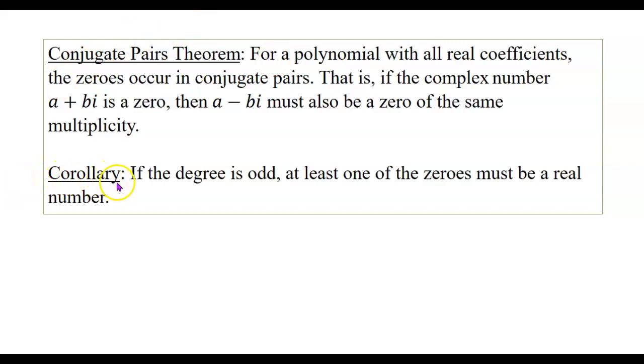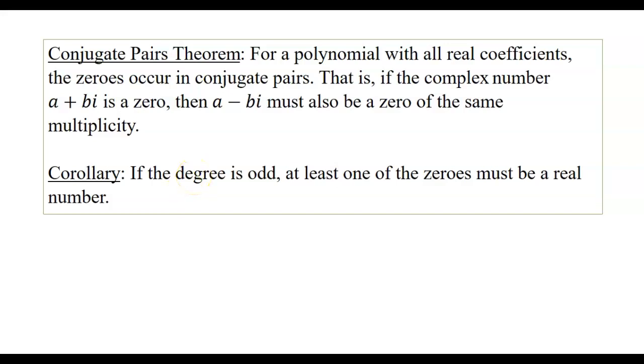And a corollary to this theorem, and in math, a corollary is something that's true because something else is true. So because this conjugate pairs theorem is true, it must be true that if the degree is odd, you have to have at least one of the zeros that's a real number.